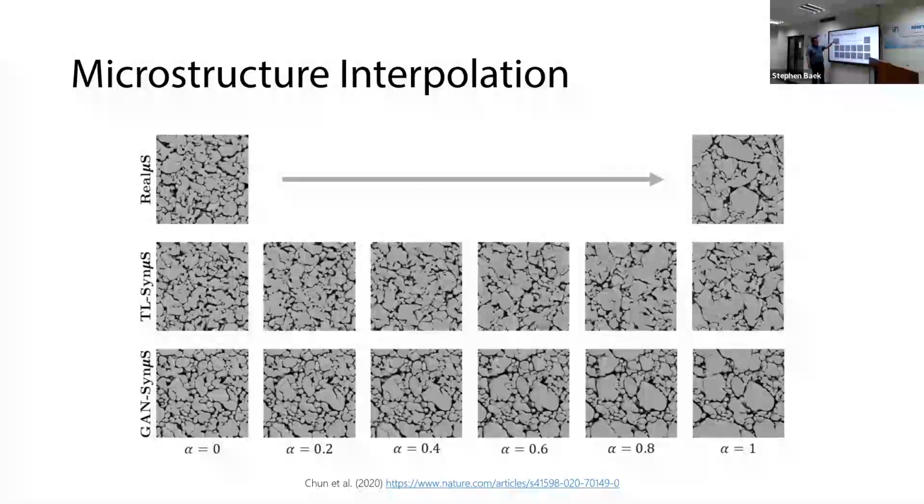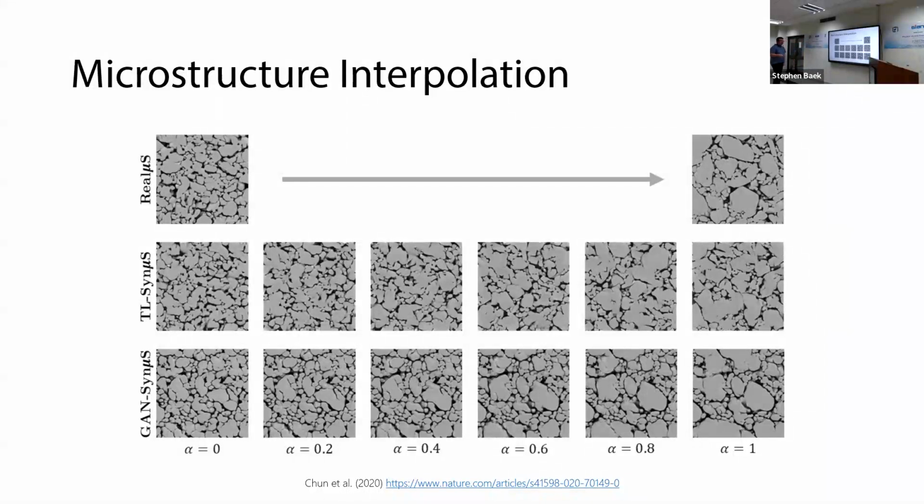So using GAN, what you can do is first encode this one into the generative parameter Z, and then do the same thing, encode this one into some generative parameter Z as well. Let's call them Z0 and Z1.